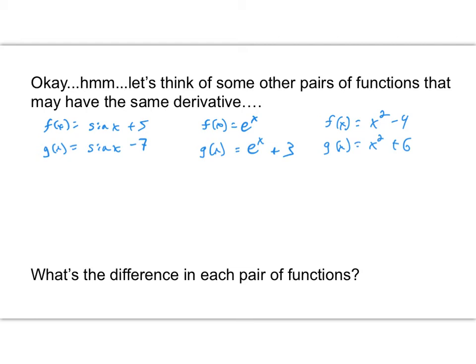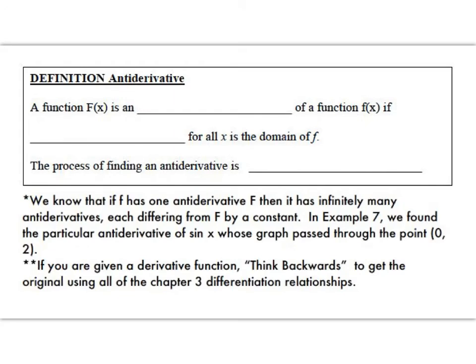But what's the difference? Well, the difference is these constant numbers out here. These constant numbers indicate that they're going to drop out whenever we take derivatives, and that makes a lot of sense now that we hear it. So that opens the door to this idea.